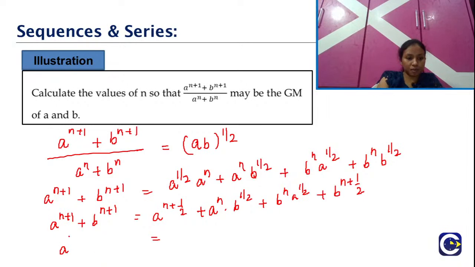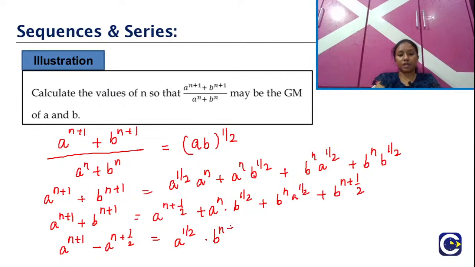So that means a^(n+1) here, and the other a term I'm having is minus a^((n+1)/2) here. And on the other side I'll be remaining with minus b coming here, a^(1/2) into b^((n+1)/2) minus b^1.